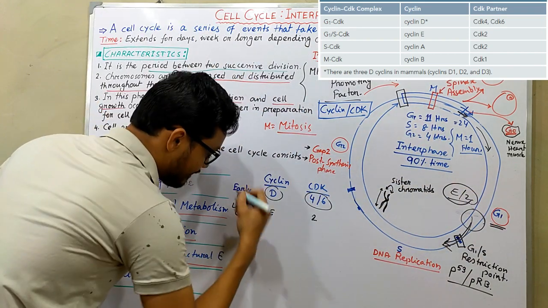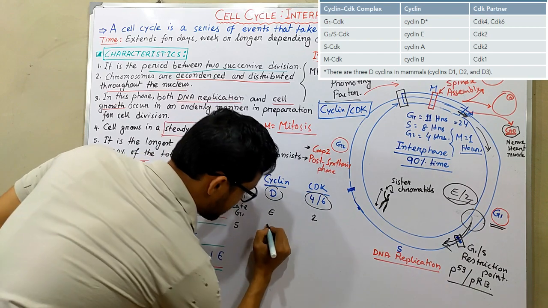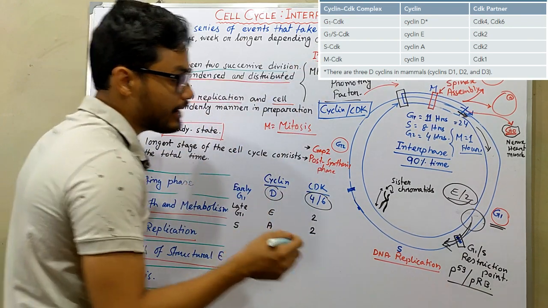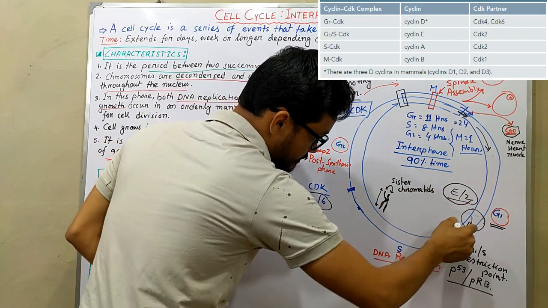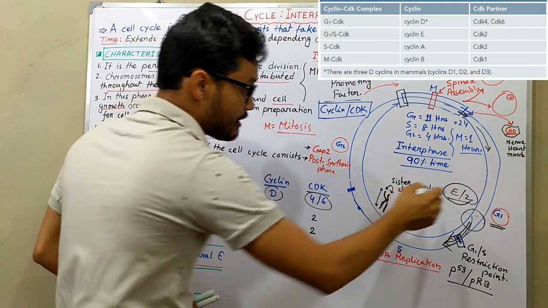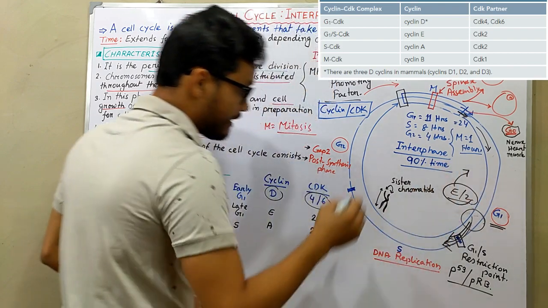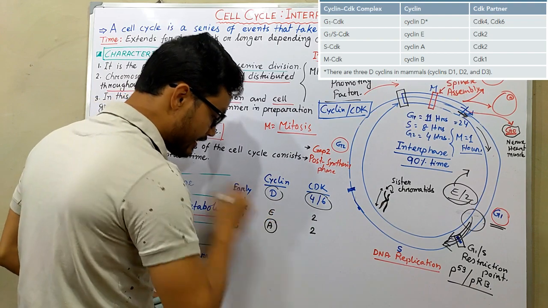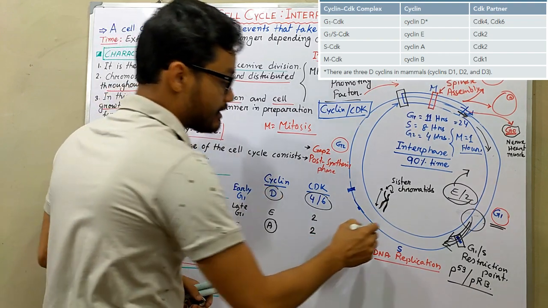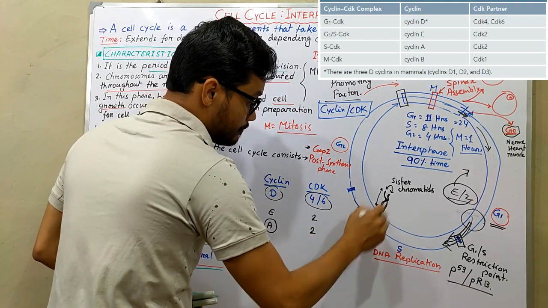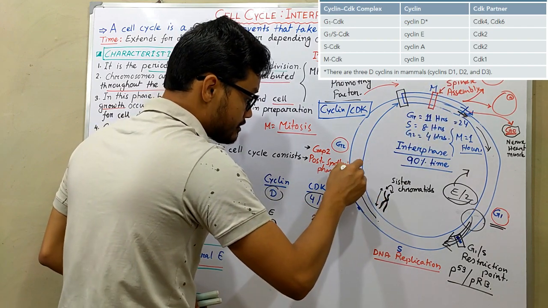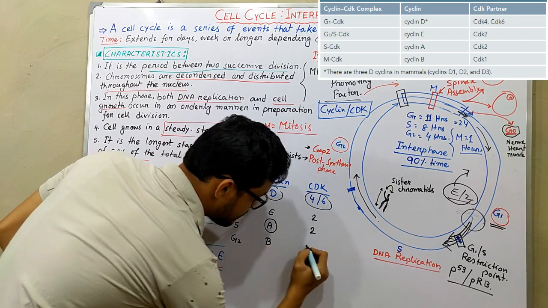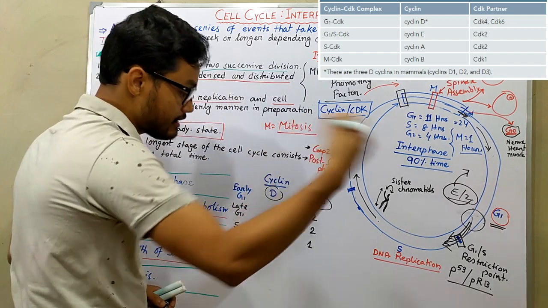In S phase, cyclin A and CDK2 are found. When the cell passes from G1 to S, cyclin E is degraded, and CDK2 combines with cyclin A to make a complex that helps the cell undergo S to G2. In G2, the cyclin is B and the CDK is 1.